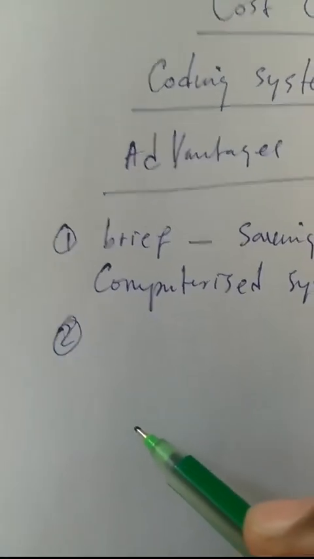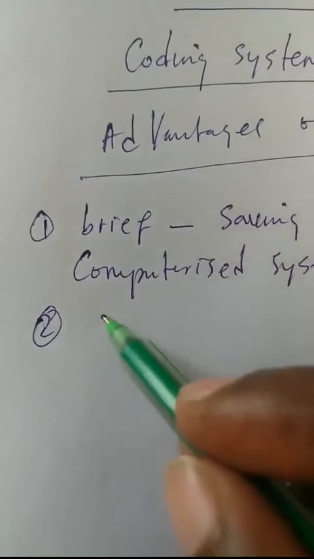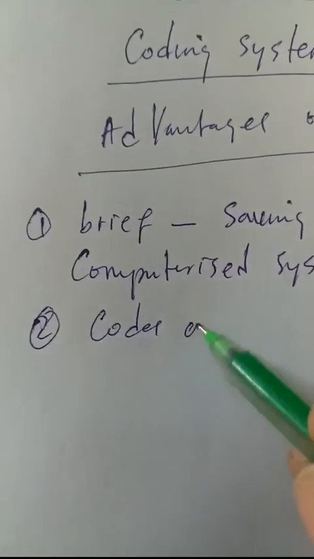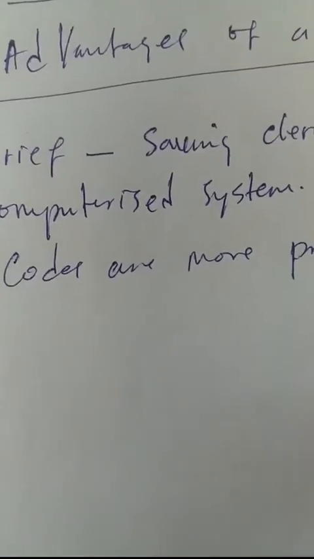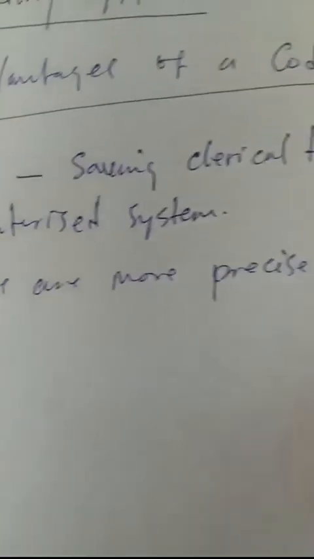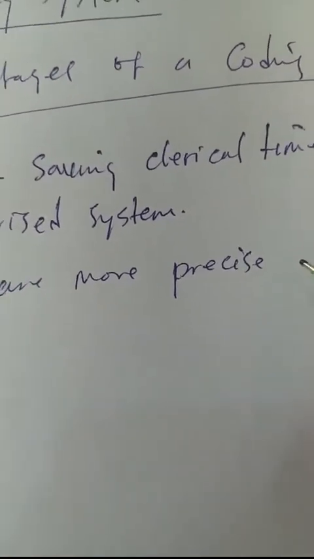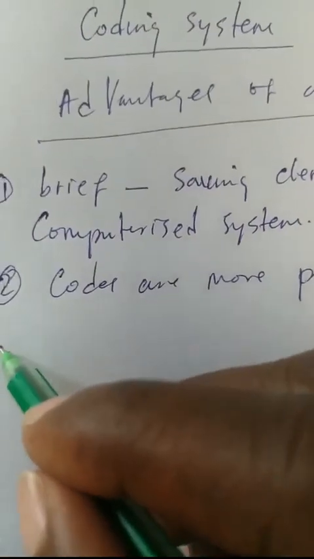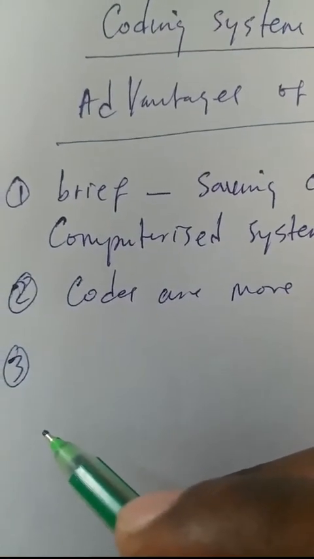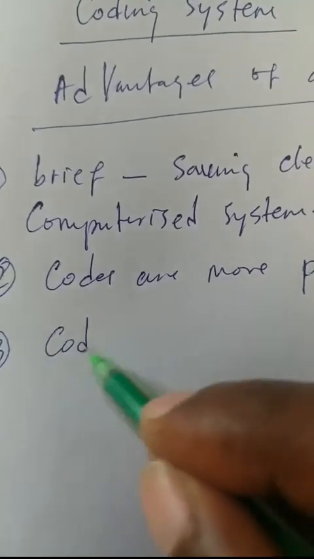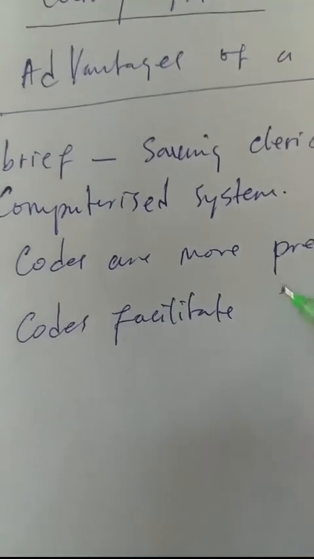Number two, codes are more precise, therefore reducing the risk of making mistakes or ambiguity. Number three, codes facilitate data processing.